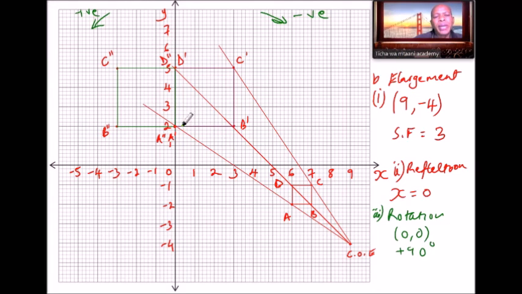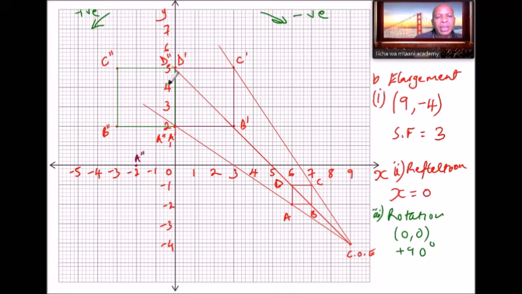When we are rotating through an angle of 90, we can get the image by interchanging the x and y coordinates. For example, A is at (0, 2), so we'll get our A here. It will be (-2, 0).